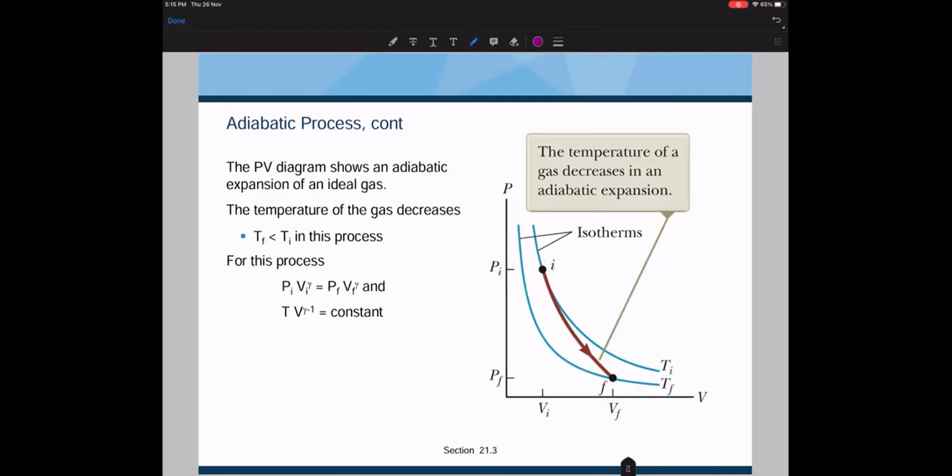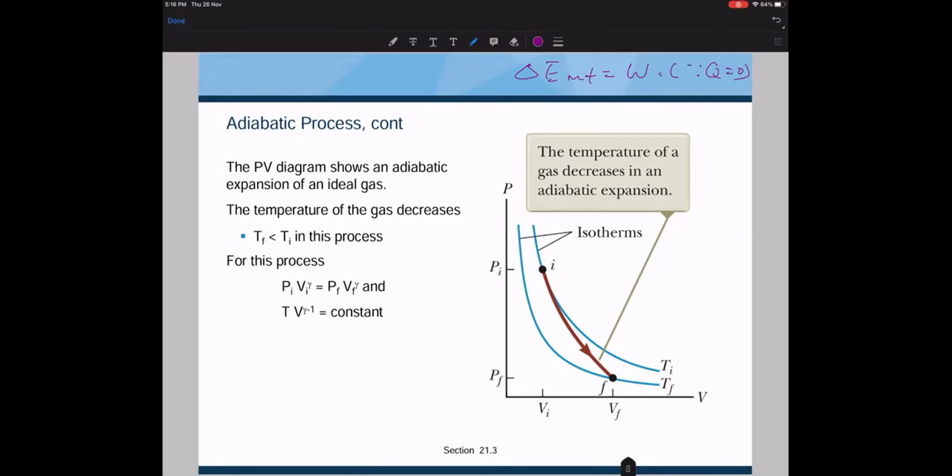The adiabatic process happens as an expansion, so the final volume is larger than the initial volume. When you have such an expansion, according to the first law, delta E is equal to W because Q is 0.